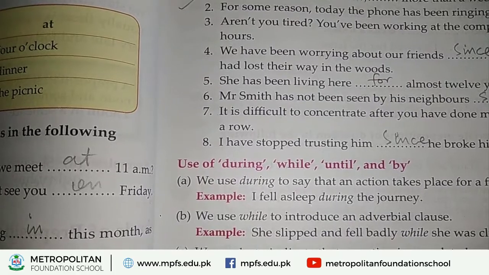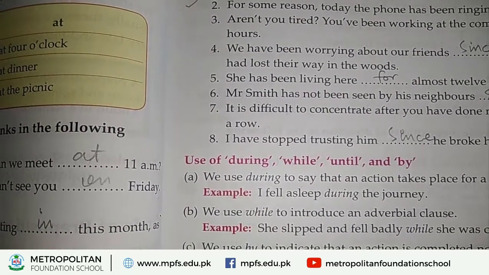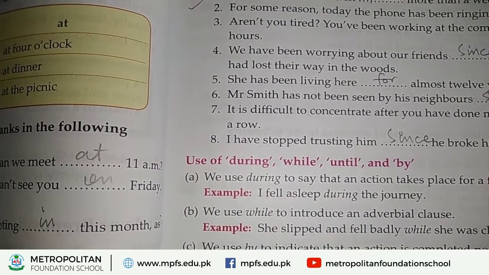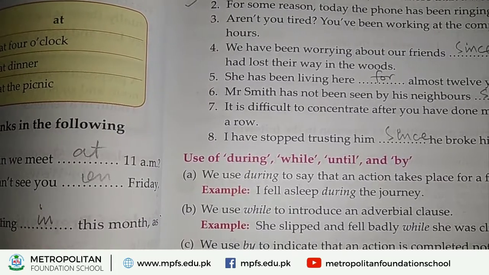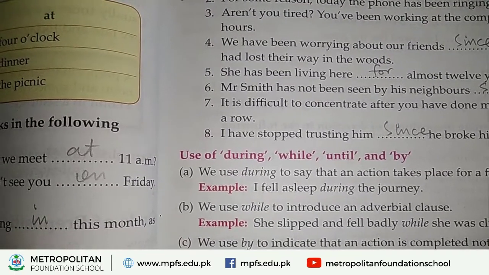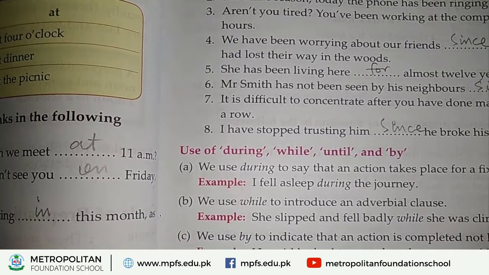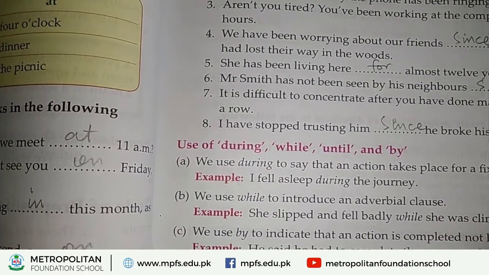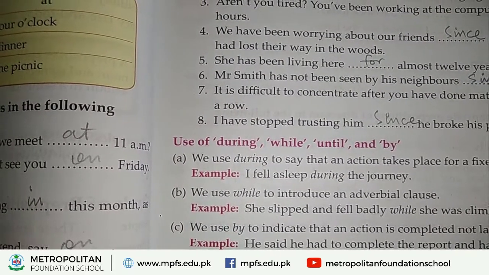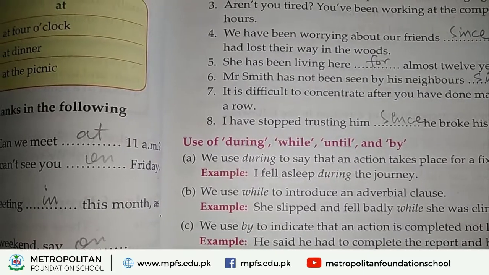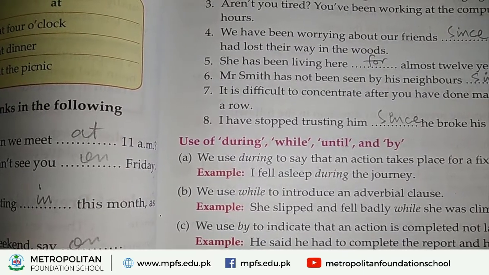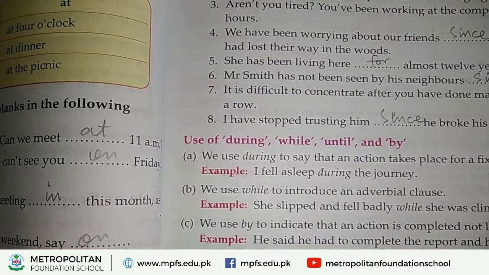For example, the meeting has been going on for 4 hours now. Why are we using for? Because that is showing the time. There was a power cut yesterday for the whole evening.